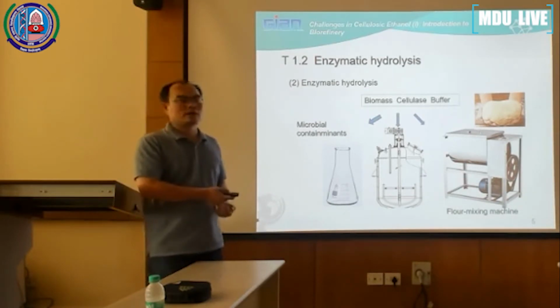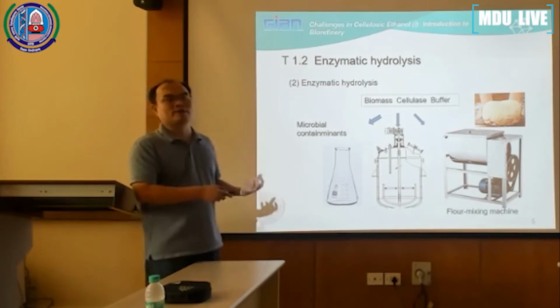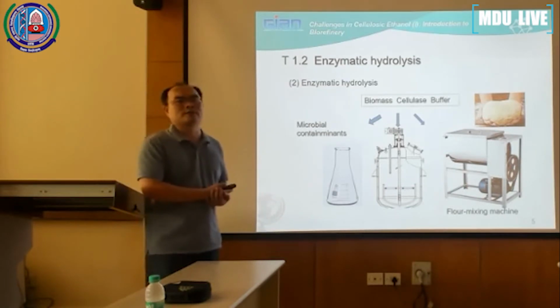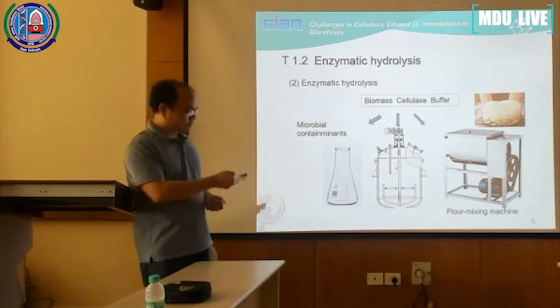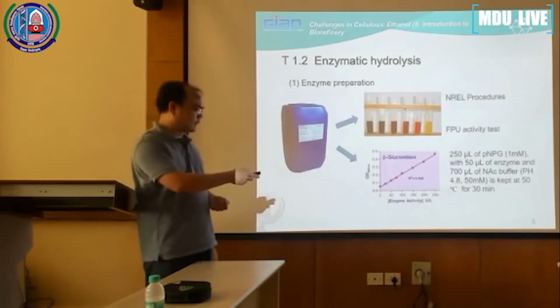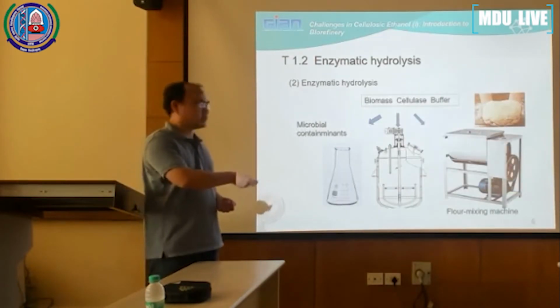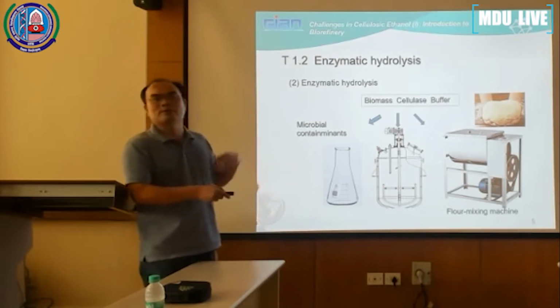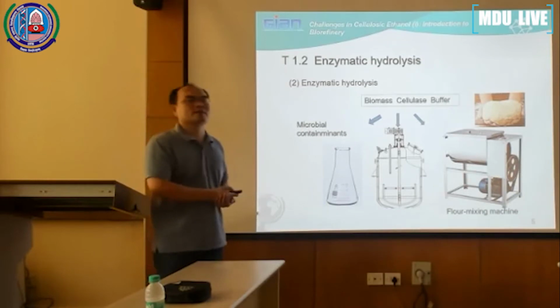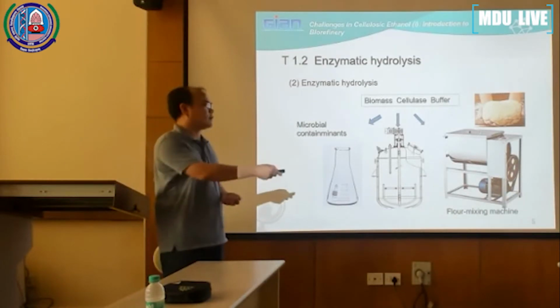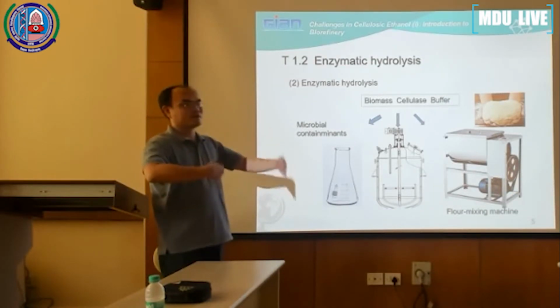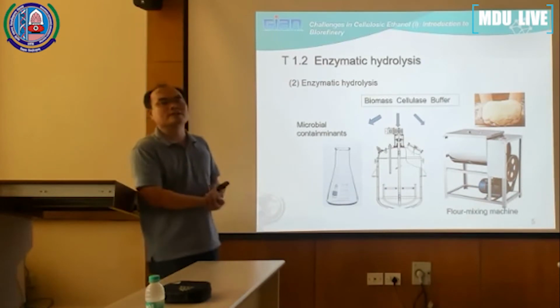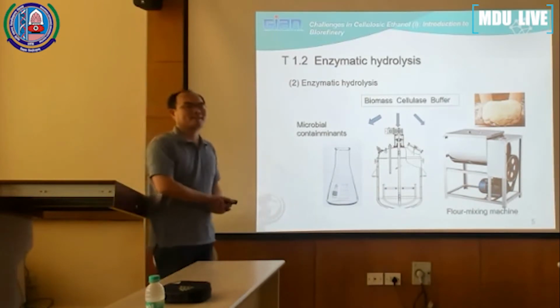Liquefaction is important for biomass ethanol production, and for liquefaction we need a good machine for blending. But with this one, the temperature cannot be precisely controlled. I can control only the temperature of the air conditioning.